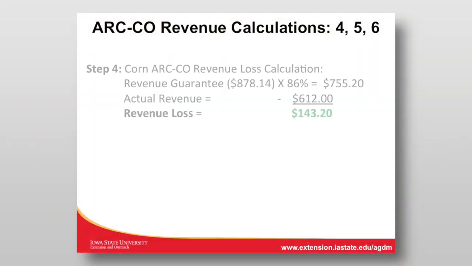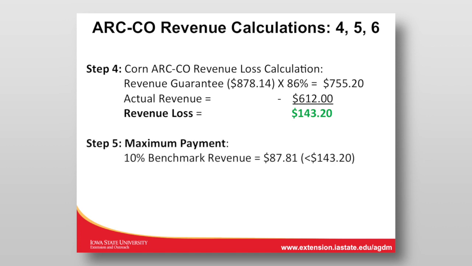We won't know the final marketing year average price until September of 2015. But if my assumptions are correct, you notice that there's going to be a revenue loss. That revenue loss is going to be around $143.20 per acre. But because the ARC program, both the ARC-CO and the ARC-IC, have a maximum payment, the payment can never be more than 10% of the benchmark revenue. Therefore, the $87.81 reflects that 10% of that revenue.